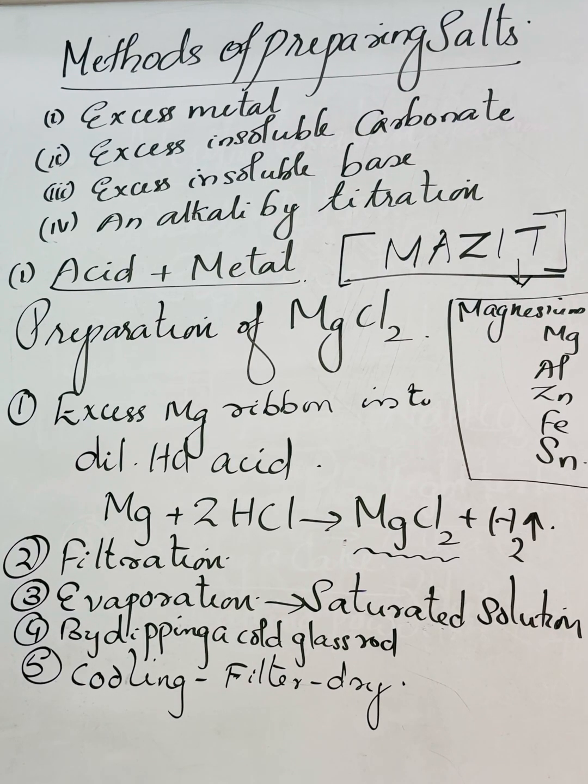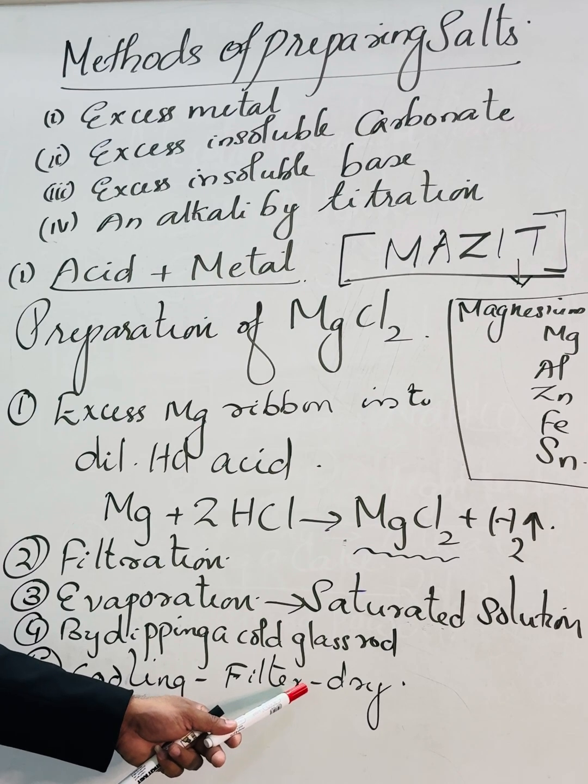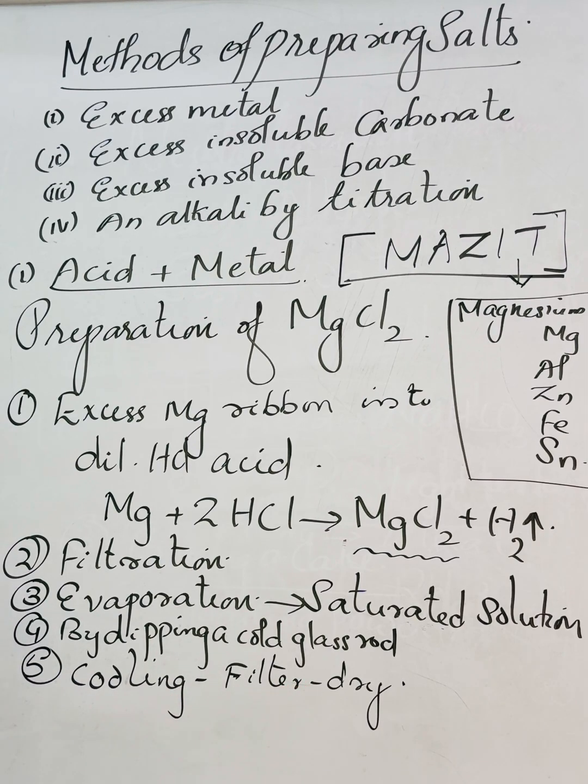If you notice crystal formation at the end of the rod, that means it is ready to crystallize. Allow for cooling. Fifth statement: any crystals produced on cooling are filtered and then dried between clean tissue. You will get crystals of magnesium chloride.